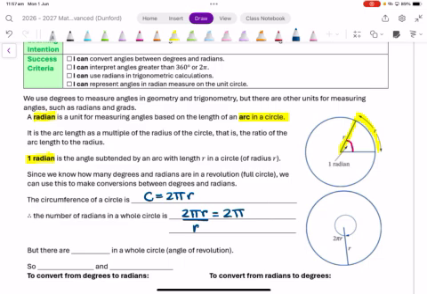But we have that there are 360 degrees in a whole circle, which is our angle of revolution. So what that means is that 2 pi is equal to 360 degrees, and that 1 pi would equal 180 degrees.